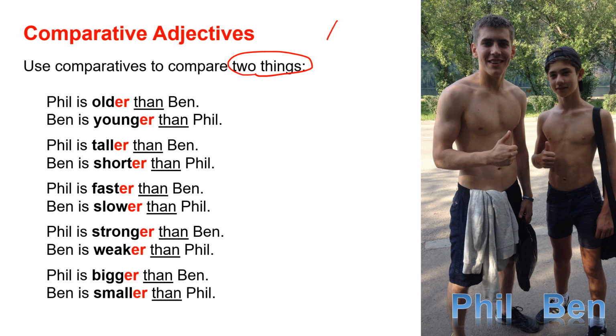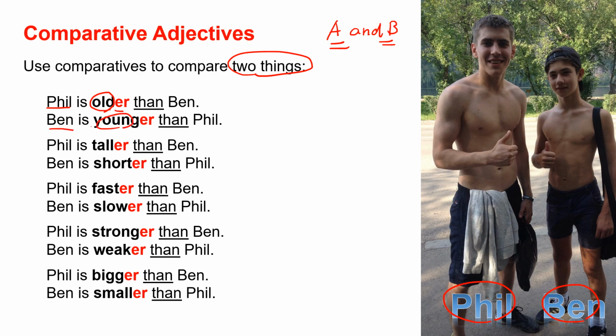For example, A and B. Only two things. Here we have Phil and Ben. Two people, two boys. Phil is old. Ben is young.